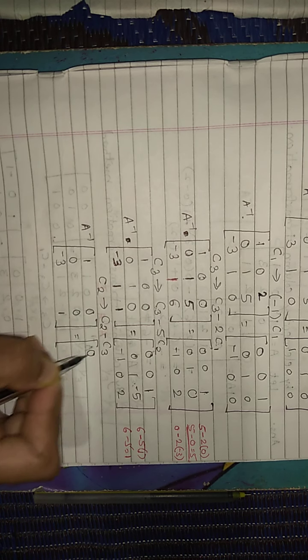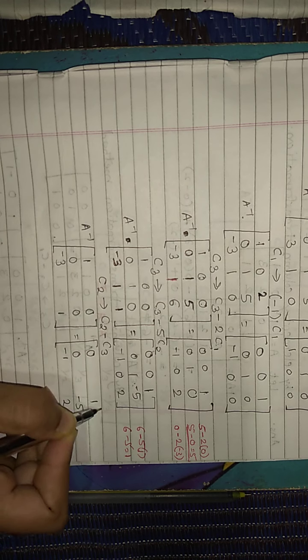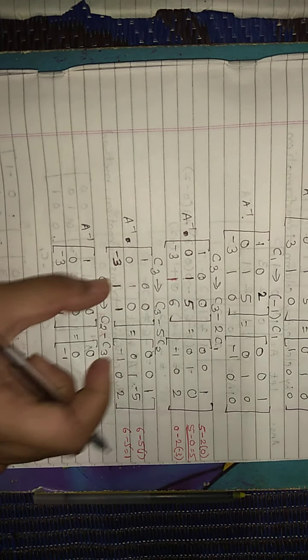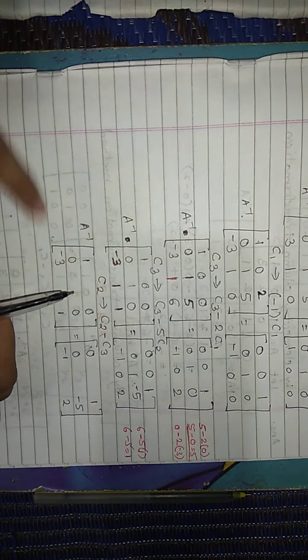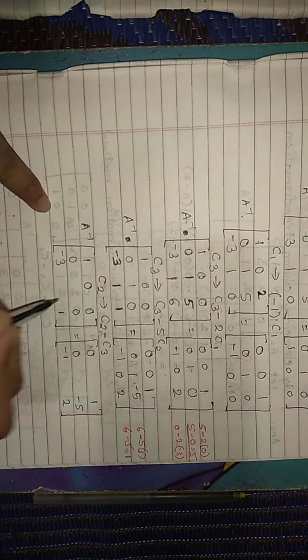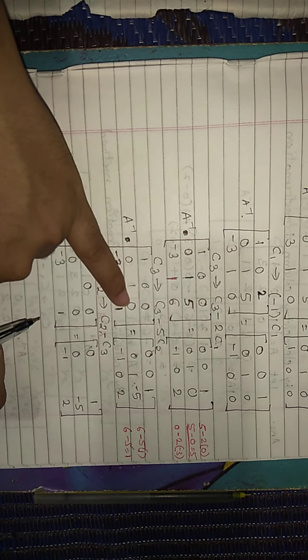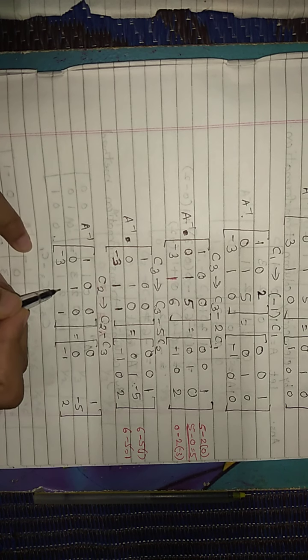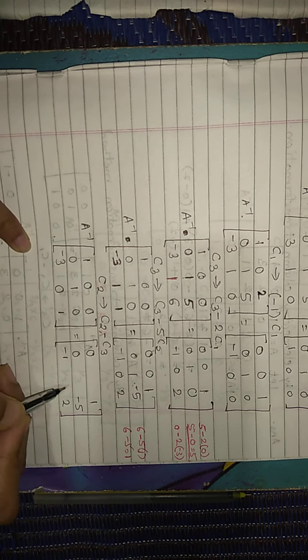Here 0 0 minus 1 and 1 minus 5 2, right, as it is. Now we change the column. 0 minus 0, 1 minus 0, 1, 1 minus 1, 0.